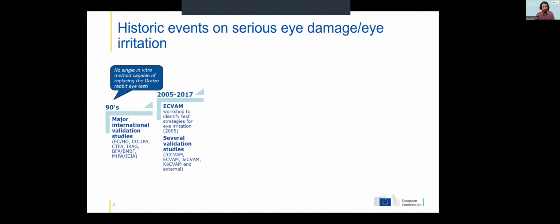In 2005, ECVAM at the JRC organized an expert workshop where a conceptual framework of a testing strategy for irritation was developed. Basically, depending on the physicochemical properties and anticipated degree of irritation of a chemical, a so-called top-down or bottom-up approach would be initiated.